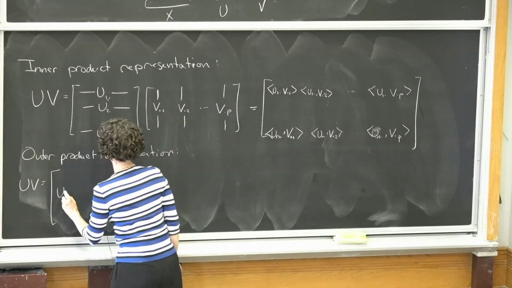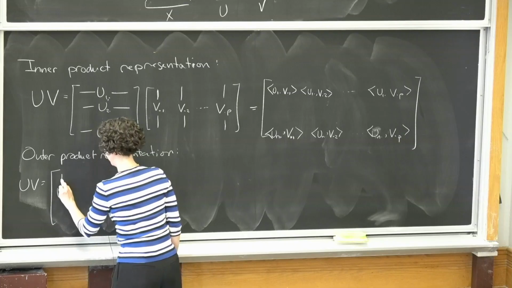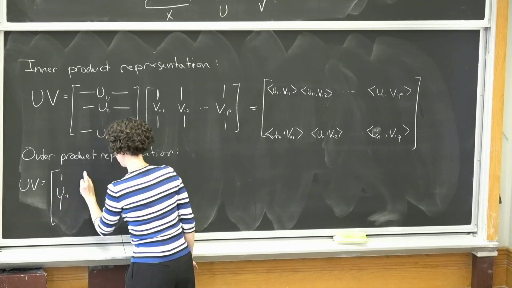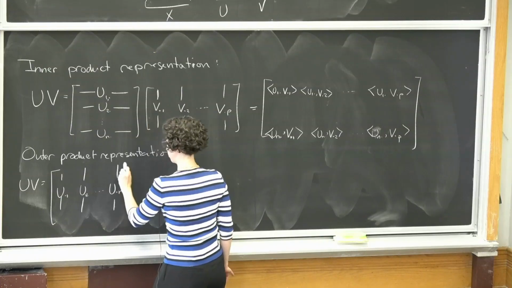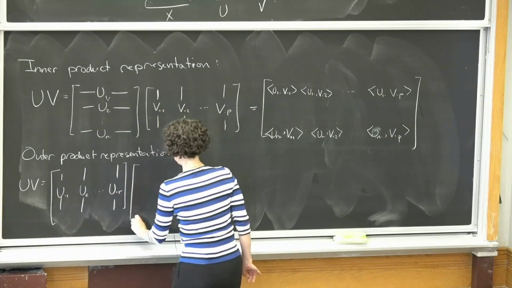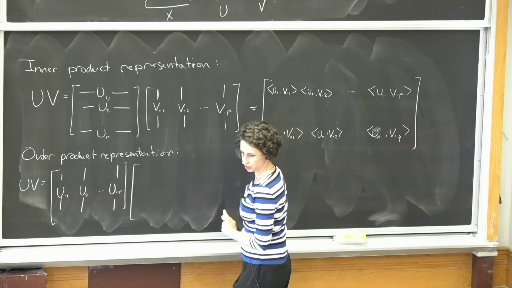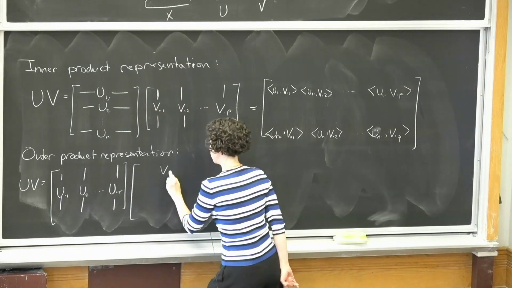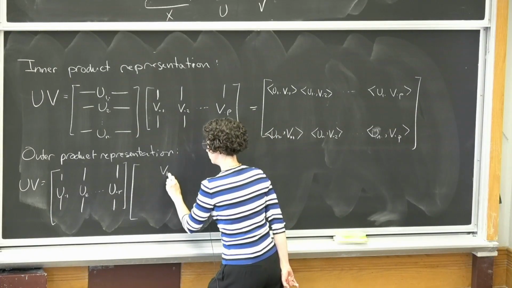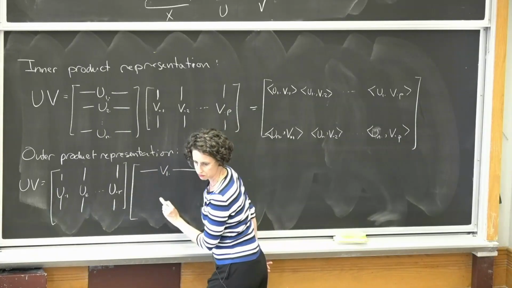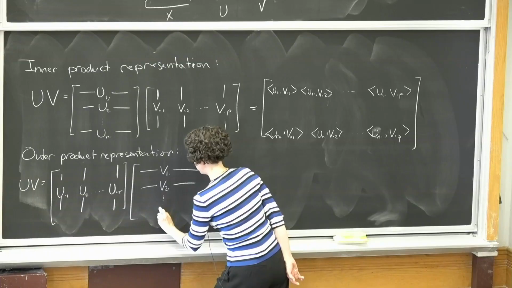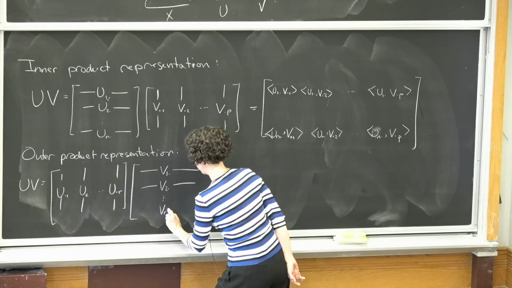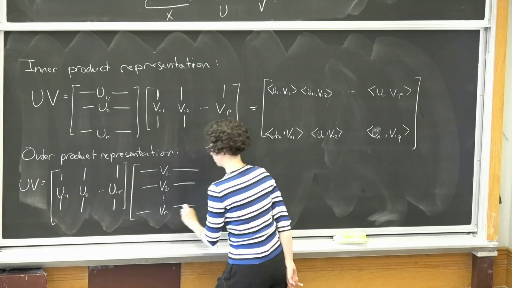So I've got U dot 1, U dot 2, all the way to U dot r. Those are the columns of U. And I multiply that by the rows of V. So V1 dot, V2 dot, all the way to Vr dot.